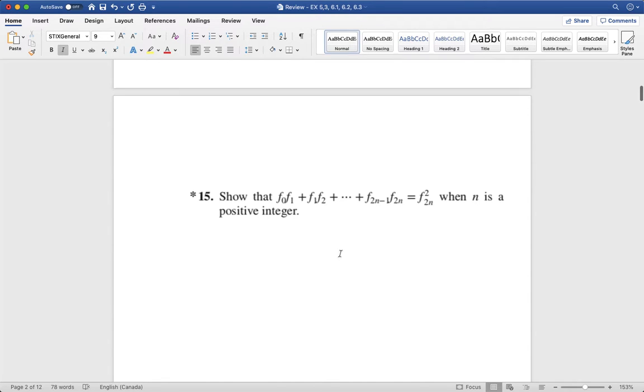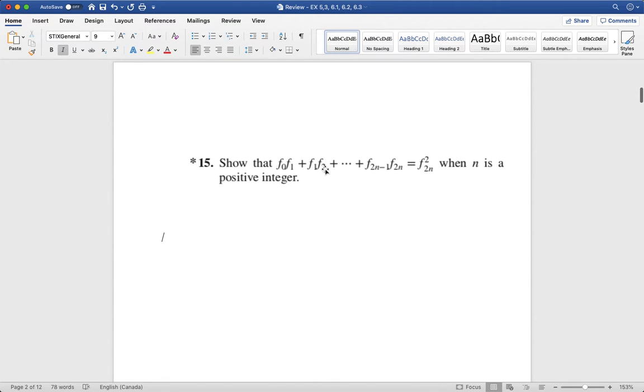We have to show that f0 f1 plus f1 f2 plus up to the statement, where n is a positive number. First of all, we will be proving this by induction. Here we have the basis step.